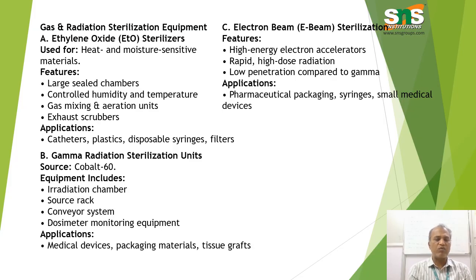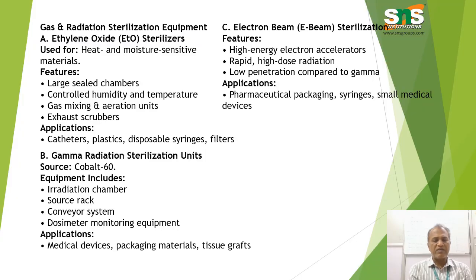It is one of the major advantages of ethylene oxide sterilizers that it won't build up any humidity, so it keeps the sample clear. What are the applications? Catheters, plastics, disposable syringes and filters, which come under heat and moisture sensitive products. The preferable method for these is ethylene oxide sterilization.